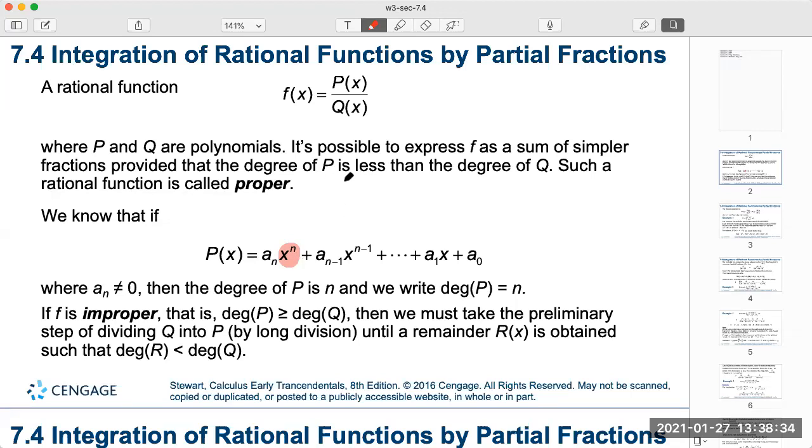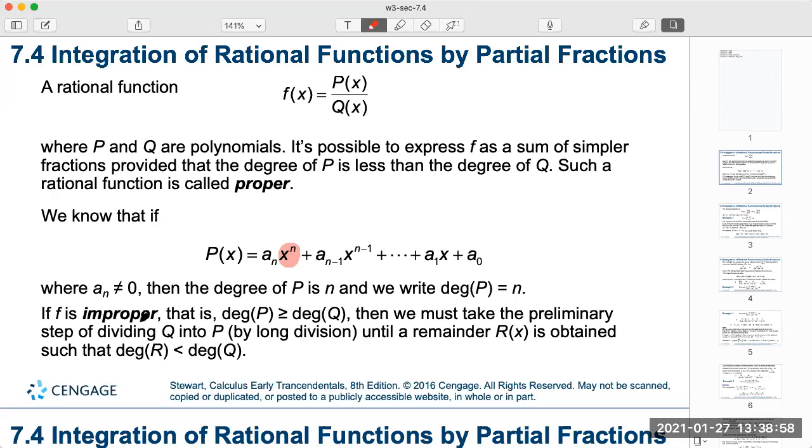If the degree of P is less than the degree of Q, then we call it a proper rational function. If the degree of polynomial P is larger than or equal to the degree of polynomial Q, we call it improper.